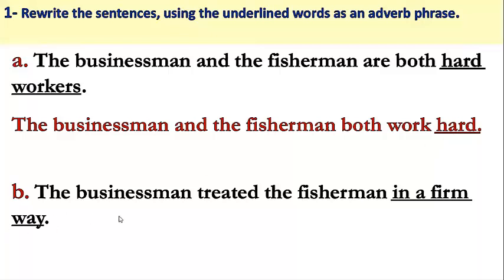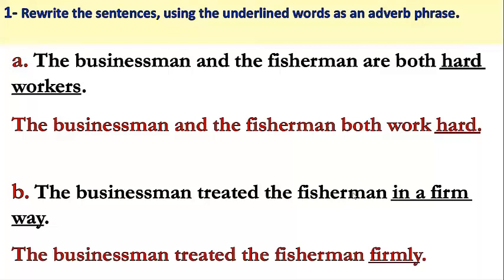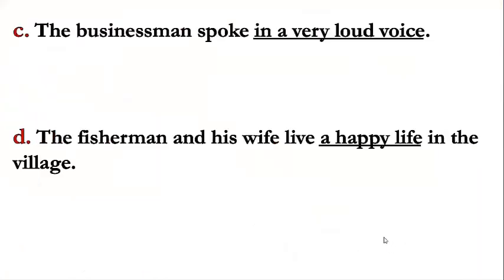Let's see number B. The businessman treated the fisherman in a firm way. In a firm way means firmly. Yes, that's right. C. The businessman spoke in a very loud voice.